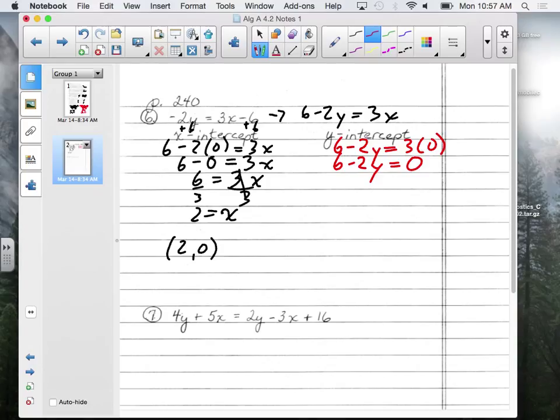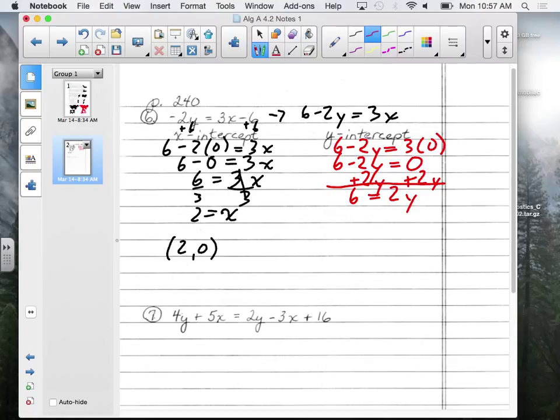You divide 2y, or 2 divided by 6. No. You add 2y on both sides. So add 2y to both sides. So we'd have 6 equals 2y.